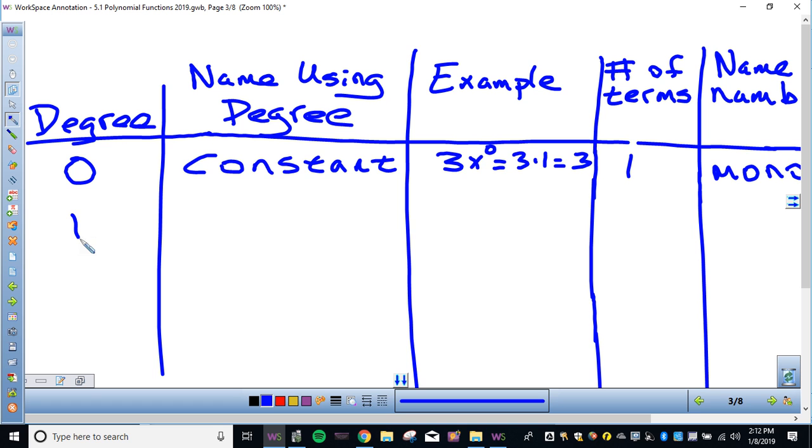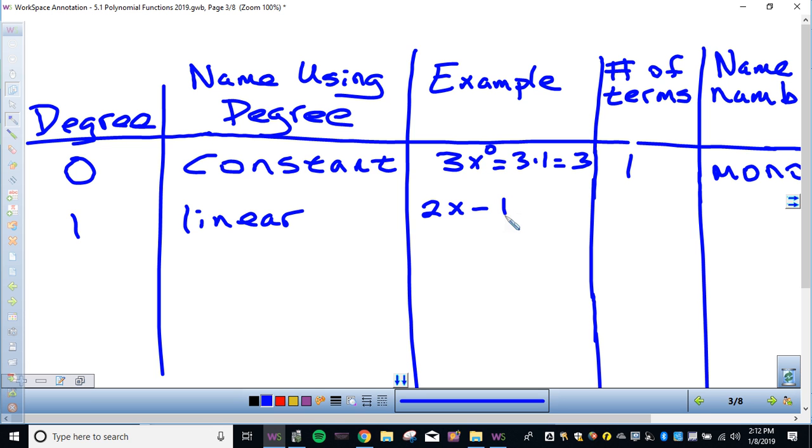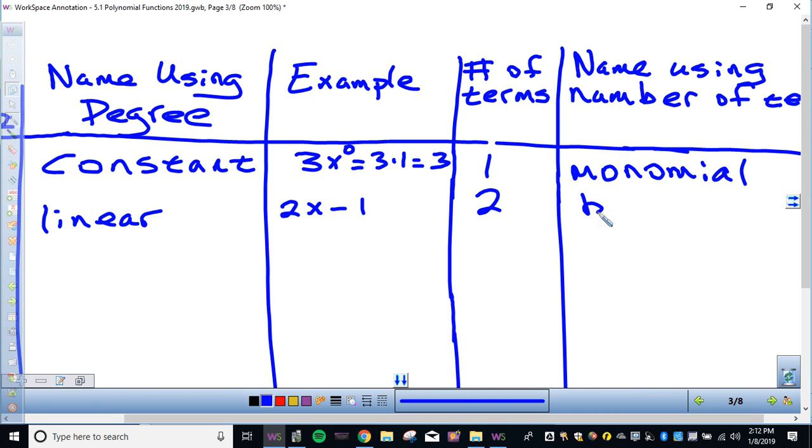X to the first power is, if you graph something like 2x, what does that graph look like? A line, so it's linear, exactly. Linear. So I'm just going to write like 2x minus 1. How many terms do I have when I write 2x minus 1? 2 terms. What's that called? Binomial. Bicycle 2 wheels, binomial 2 terms.